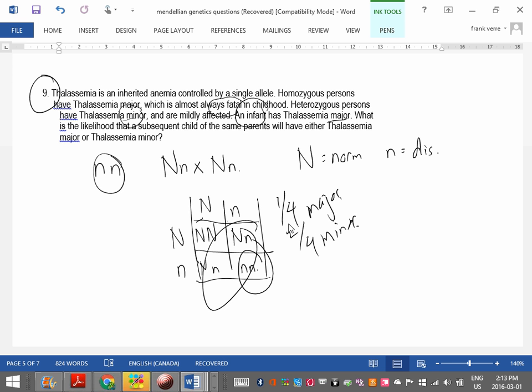What would happen if I said to you, let's look at their blood? What would you see? You would see normal hemoglobin, but you would also see affected hemoglobin. So you would actually see both. So that would be what then? That would be not blending. When you see both, it would be codominance. So sometimes it depends on how you look at the situation, right? Don't worry. You don't have to worry about that on your test, okay?